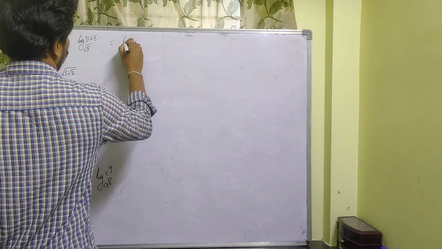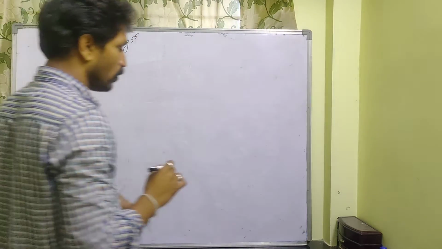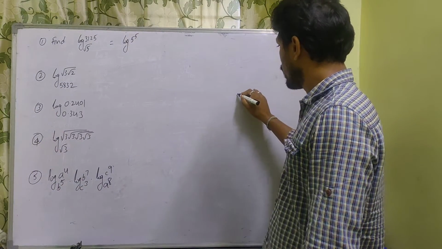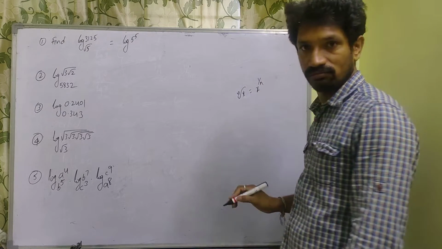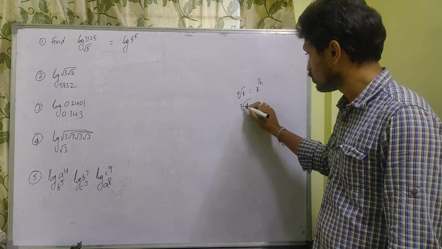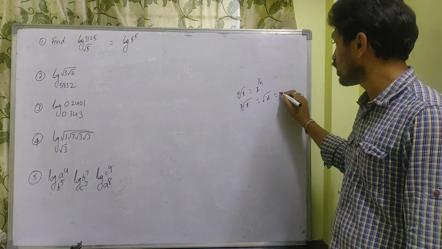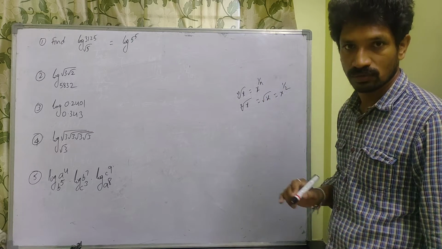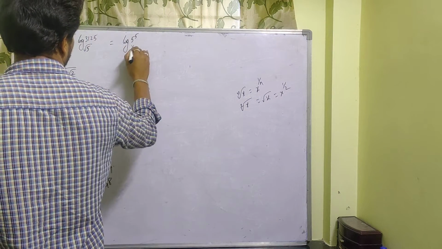So this one you can rewrite as log 5 power 5. This root 5, we know very well in surds, nth root of x is nothing but x power 1 by n. Here nothing there means you understand 2. So this one you can write as x power 1 by 2. So here we can write as 5 power 1 by 2.